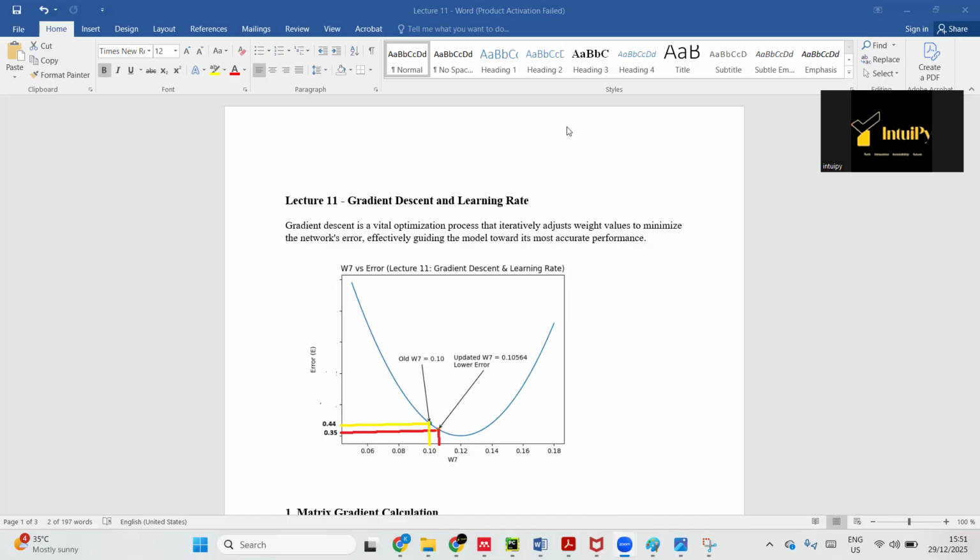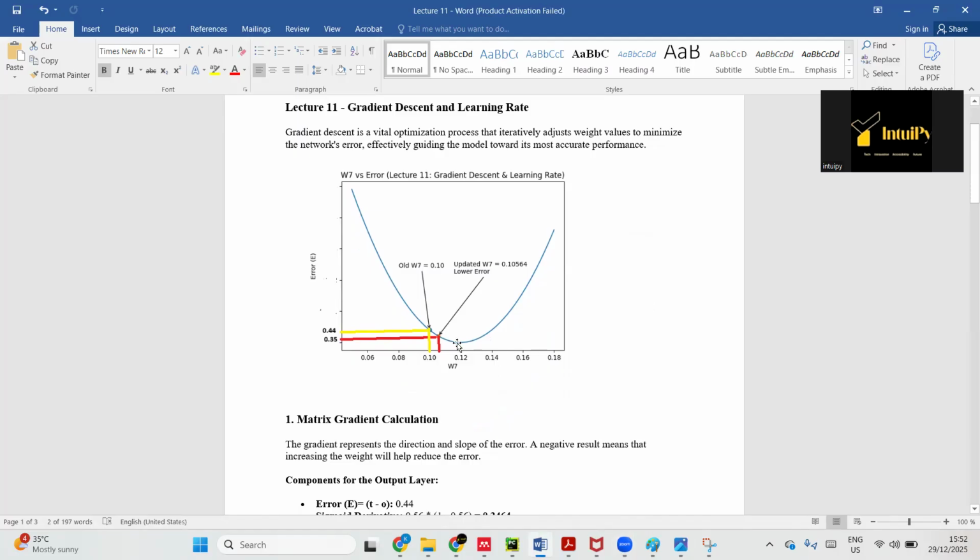Yeah, so implicitly, we discussed gradient descent in our last class, and it is an optimization strategy that helps to minimize the network's error. So it's an optimizer that helps you to achieve, for example, a global minimum.